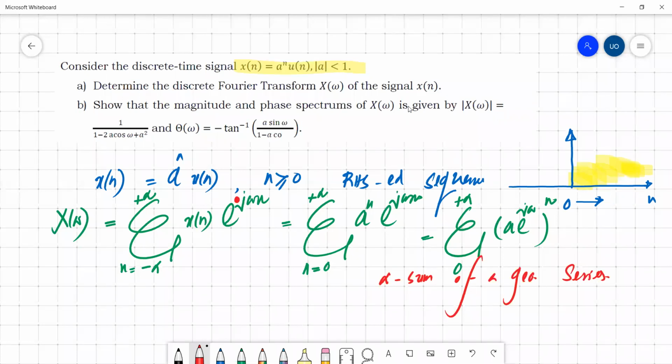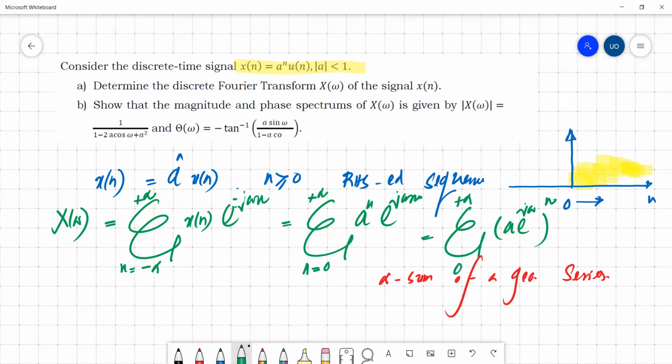If it is minus j, you have minus j here; otherwise, it's plus j. So let's check. It's minus j omega n. Yes, it's minus. Sorry. It's minus.